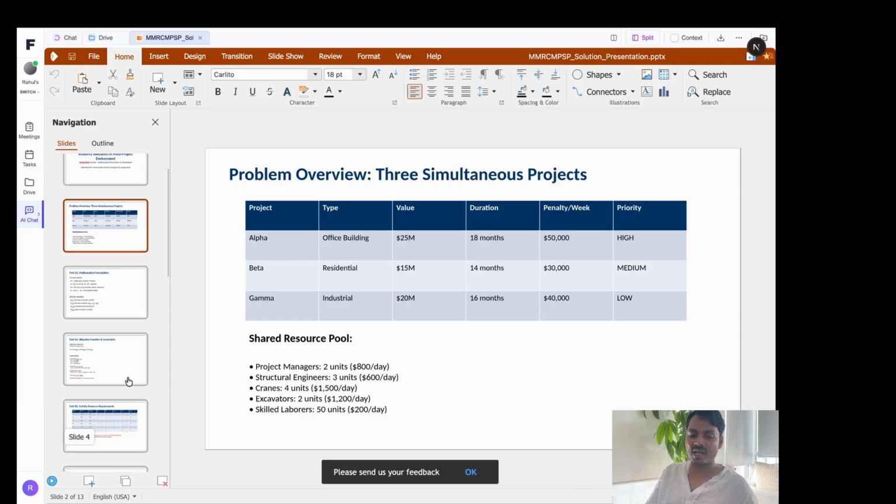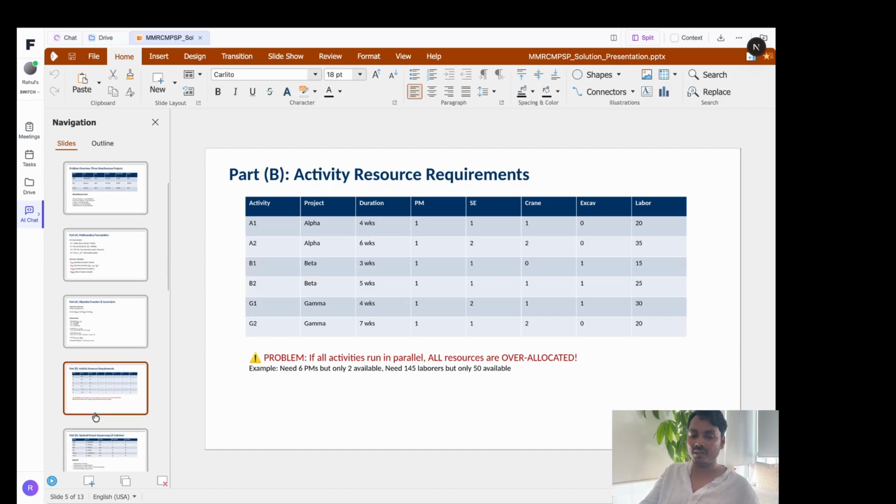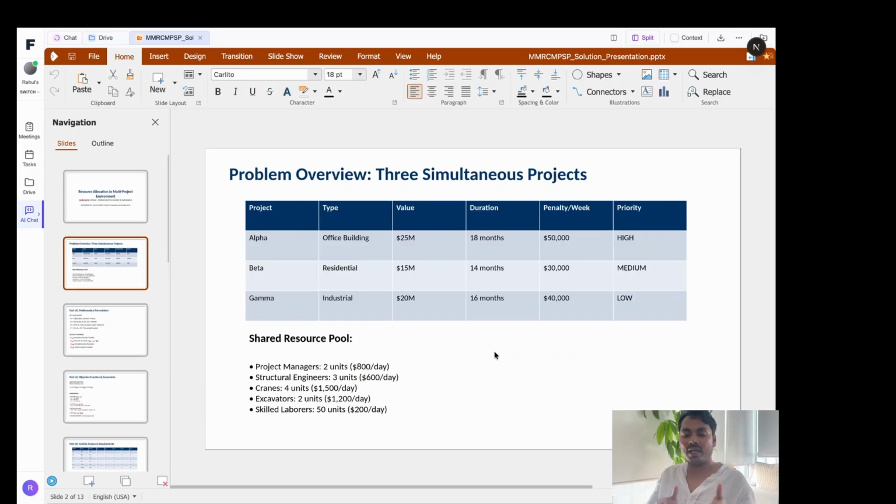Another complexity we have for this problem is there are activities A1, A2, B1, B2, G1, G2 for the alpha, beta, and gamma projects respectively, and they have different durations: 4, 6, 3, 5, 4, 7, and within those durations we have requirements for different resources, which are listed below. Like we have two project managers, three structural engineers, four cranes, excavators, skilled laborers. So we have to allocate these shared resource pools to these different projects and their activities within them.